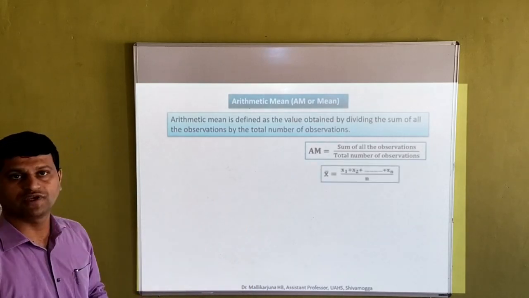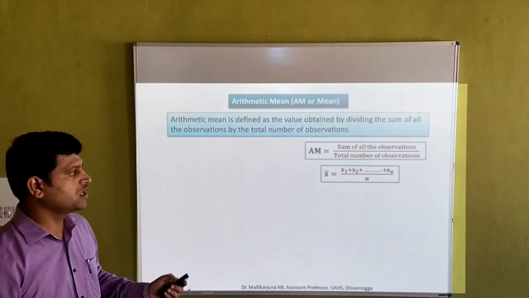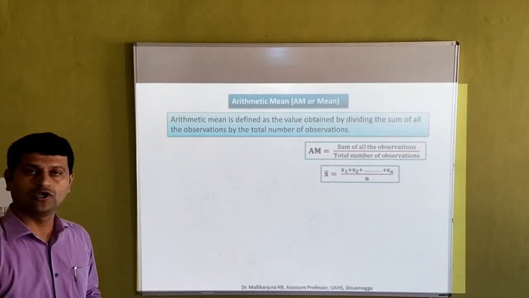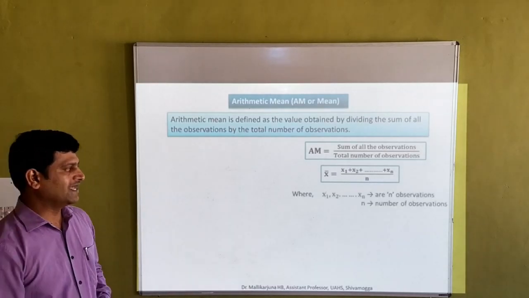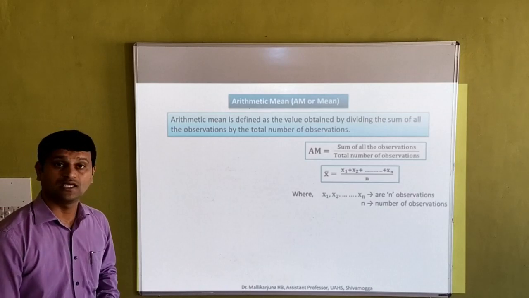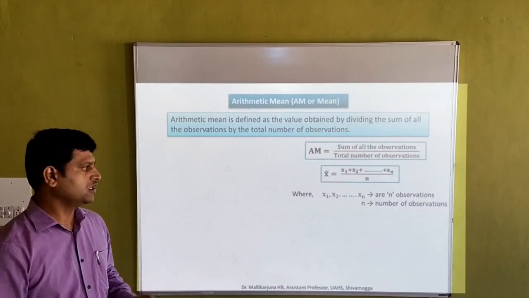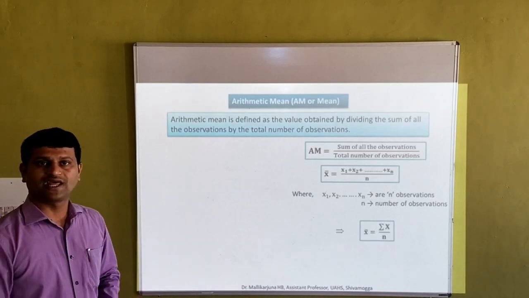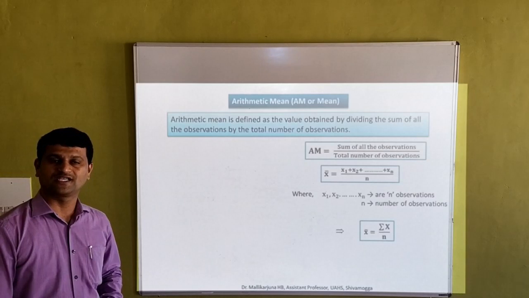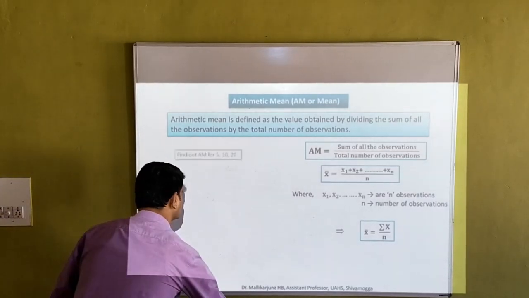With notation we can write x bar is equal to x1 plus x2 up to xn divided by small n, where x1, x2 up to xn are the observations and n is the number of observations. In short form, we can write x bar is equal to summation of x by n, where x is the set of observations.